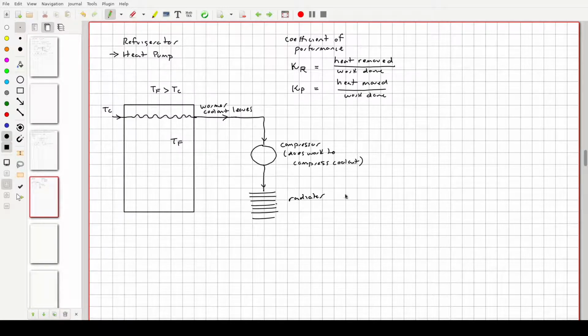All a radiator here is a tube generally that has a thin sheet of metal attached to it, and what that does is allow the heat, or at least much of the heat, to leave the coolant into the environment by heating up the metal and by having a huge surface area.